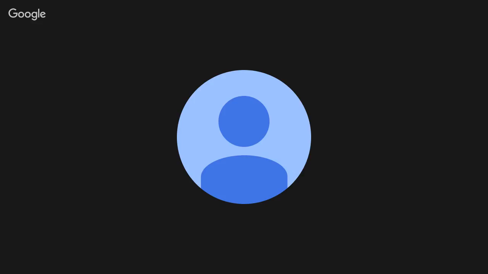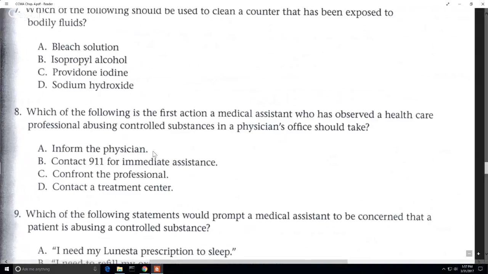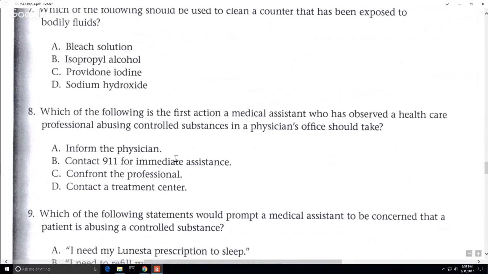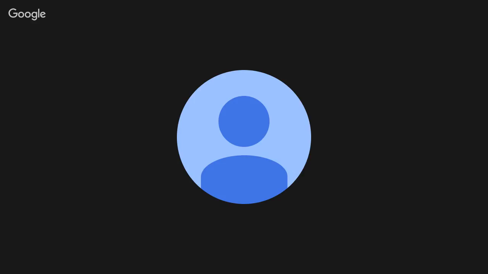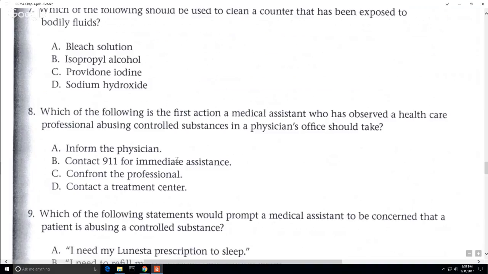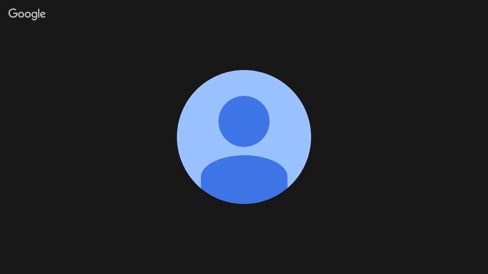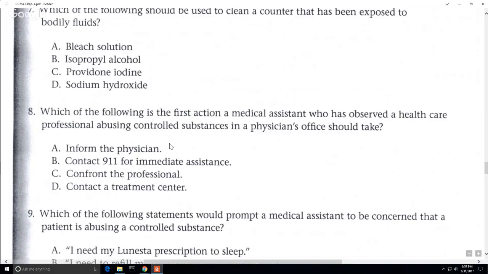It's either A or C. A. Inform the physician. Always tell the owner or manager. In the clinic, the doctor is the number one, because everyone works for him.